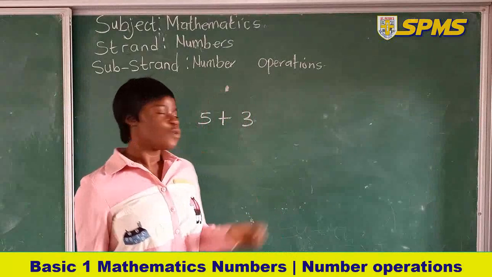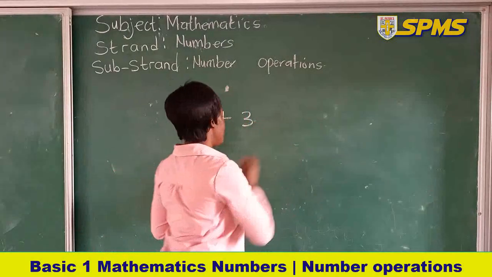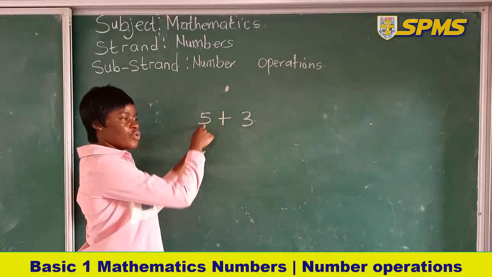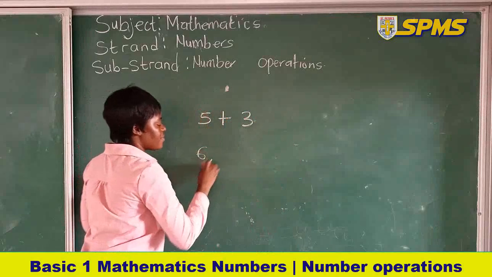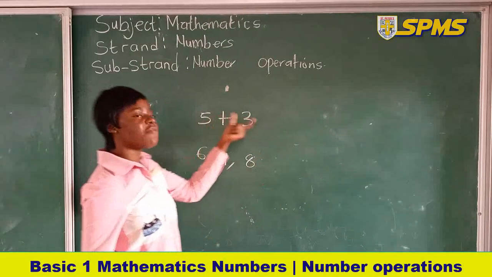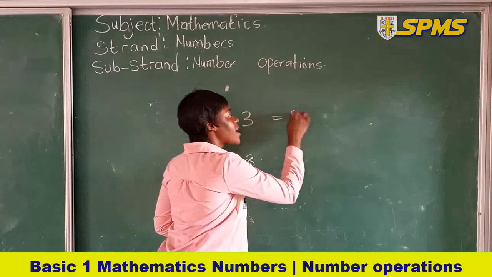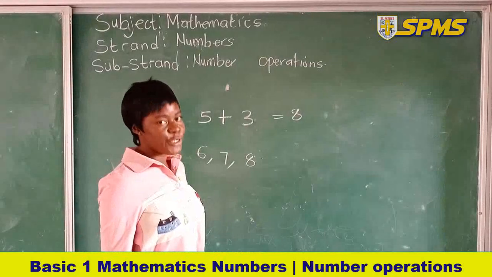So 5 plus 3. You stand at 5 and you count. 5 is there already. The next one is 6, 7, 8. So 5 plus 3 will give us 8. Is this difficult? No.